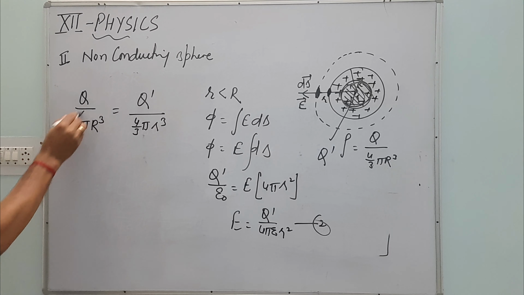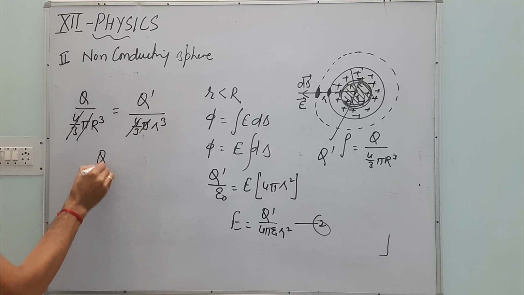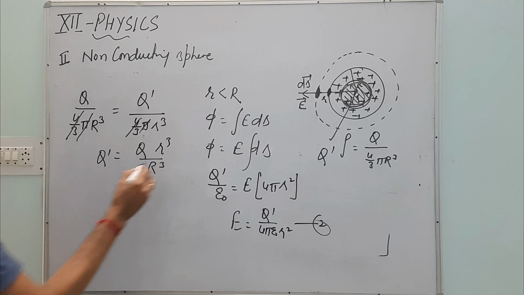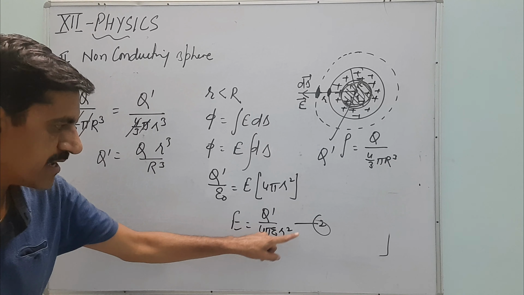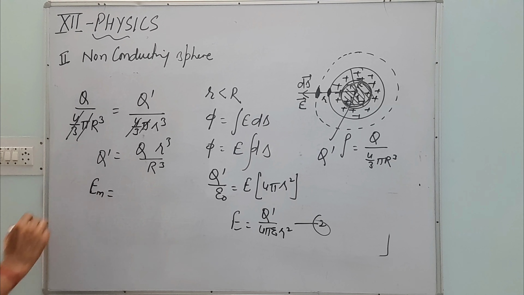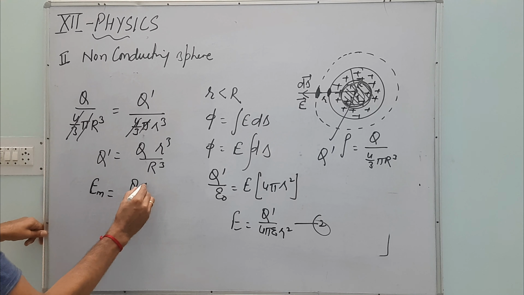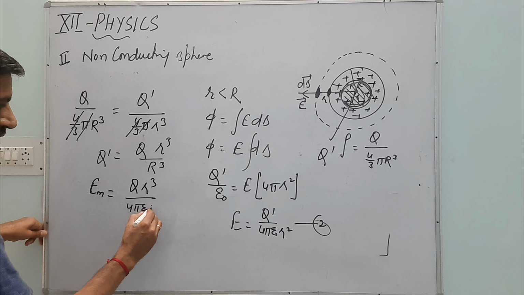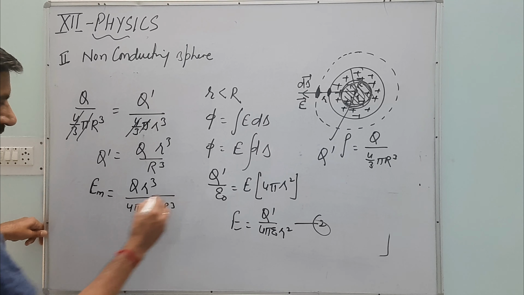You can use this density concept. So Q dash here is Q small r cube upon capital R cube. ये आप इसमें पुट करेंगे इक्वेशन सेकेंड में. Then the electric field inside would be Q r cube upon 4 pi epsilon 0 r square capital R cube.